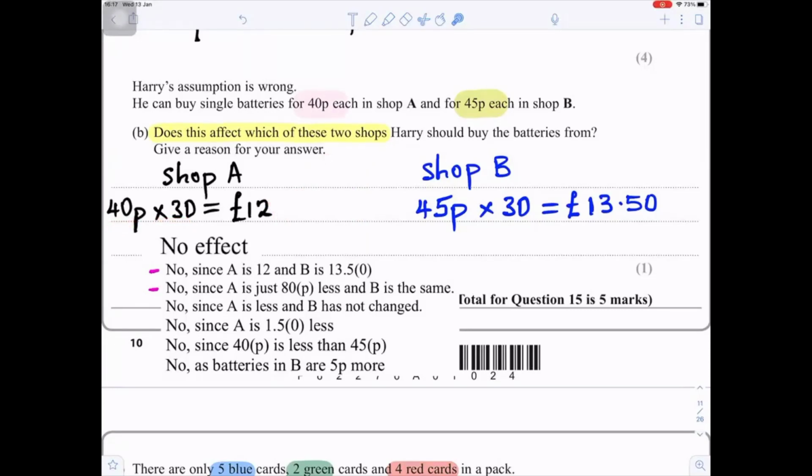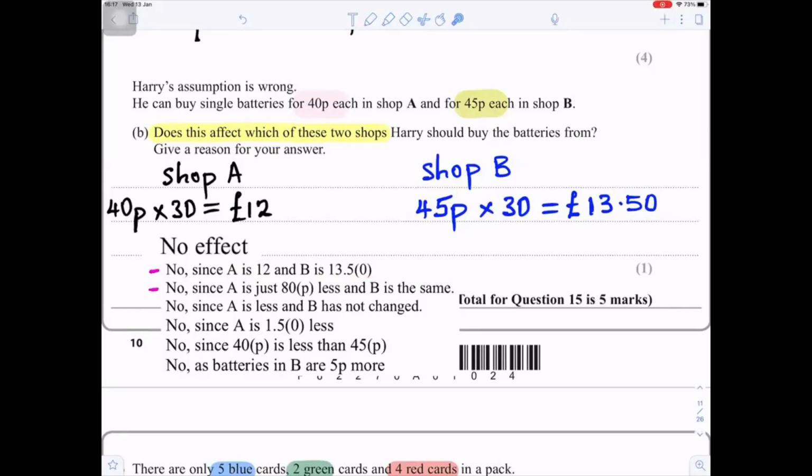In shop B, 45 pence times 30 batteries gives you £13.50. So there's no effect. Does this affect which of these two shops Harry should buy the batteries from? It has no effect. One reason you can put is: no, since A in shop A is £12 and B is £13.50.